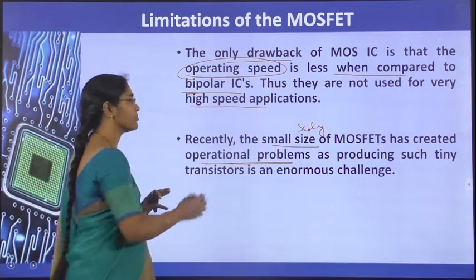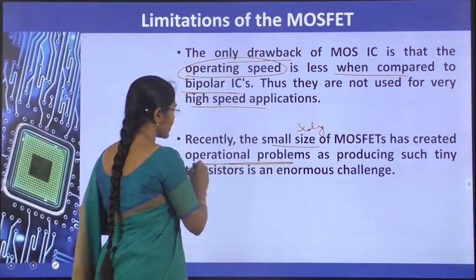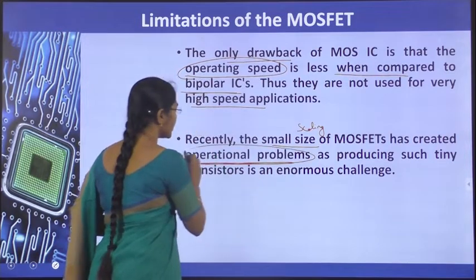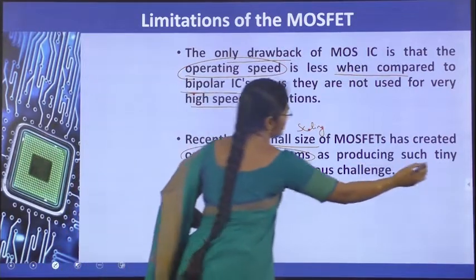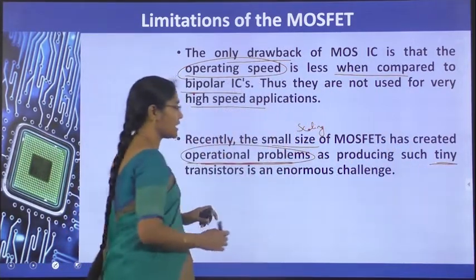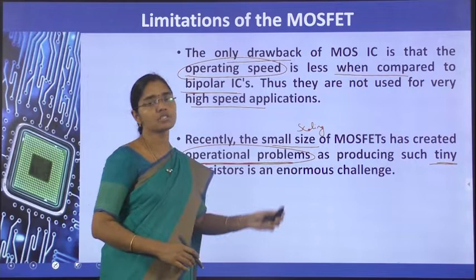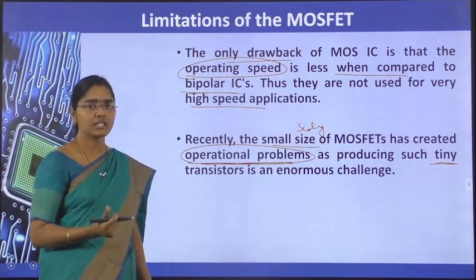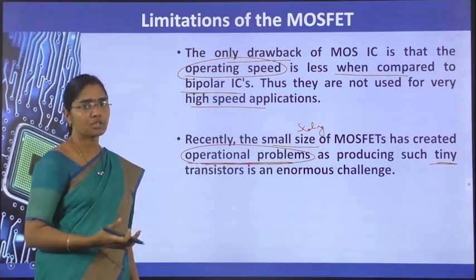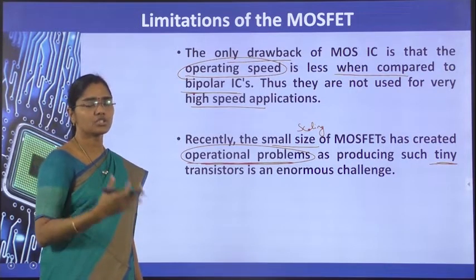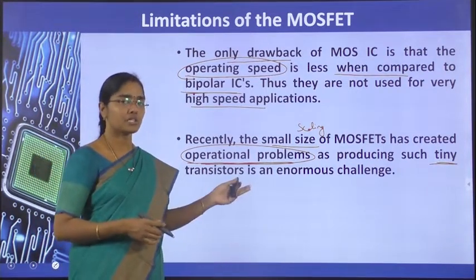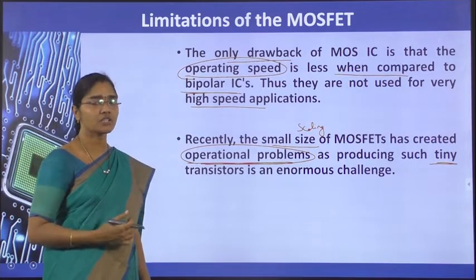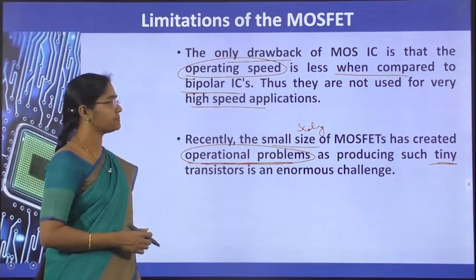So the small size of MOSFETs has created operational problems, as producing such tiny transistors is an enormous challenge. Getting correct operation without being affected by short channel and second order effects is the problem for the MOS transistor. These two are the limitations of the MOSFET.